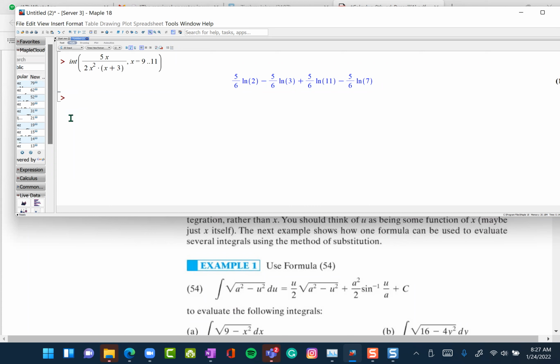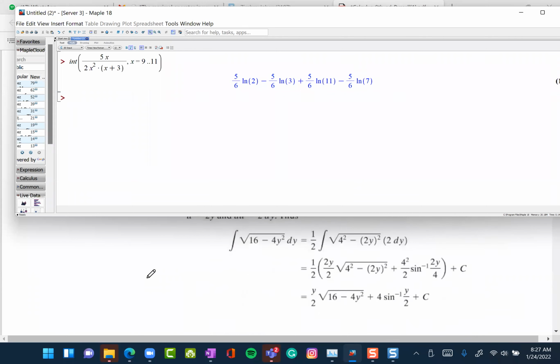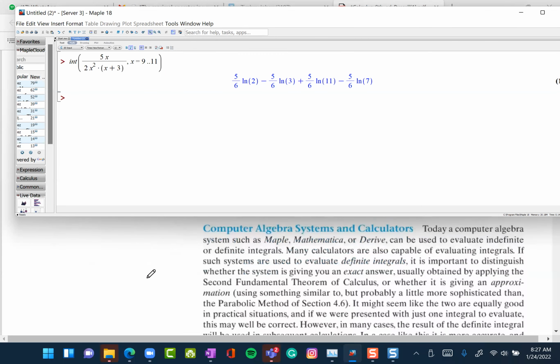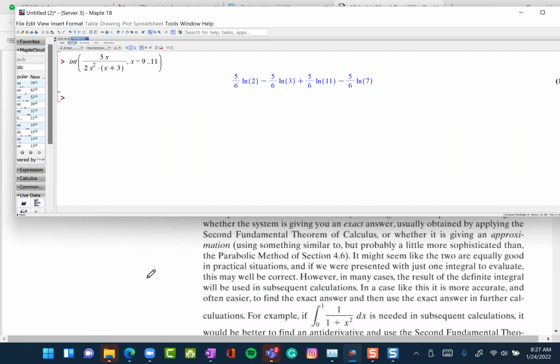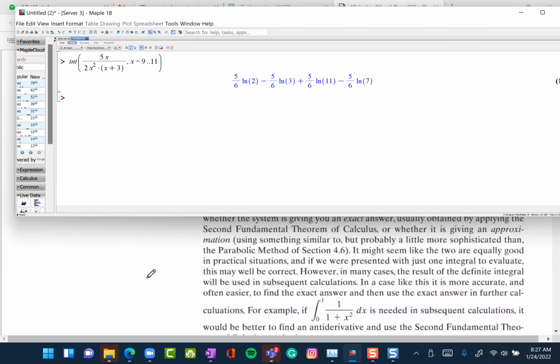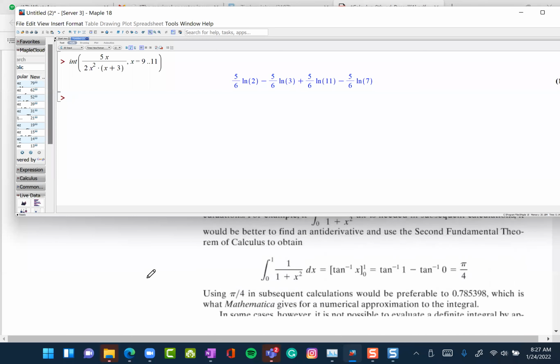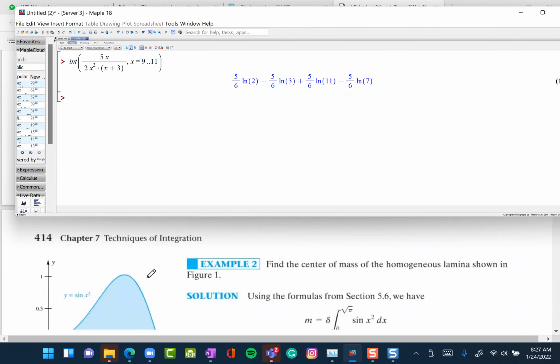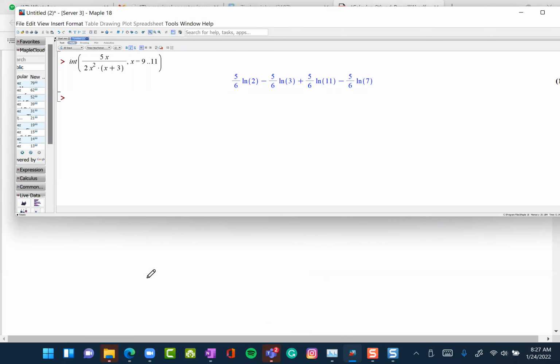So let's pick some problems here. Can you see both the Maple and the textbook? Yes, sir. All right, so let's do this one here.